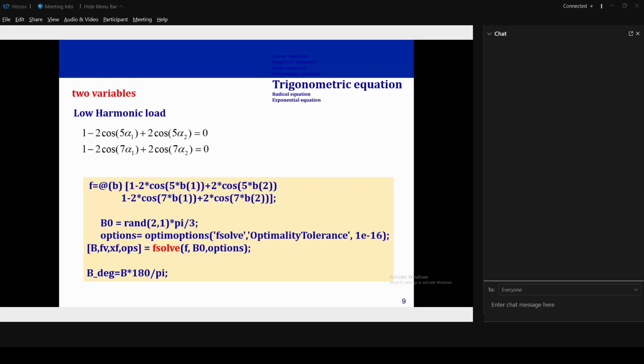We guess the initial values of the variables and then try to do iterations, which give the answer when the right hand side is equal to the left hand side. So it's an iterative procedure. In one variable, it's not an iterative procedure. In two or more variables the equations are coupled. When I say coupled, it means in equation 1 both variables appear, and in equation 2 both variables appear, so those equations are coupled to each other.